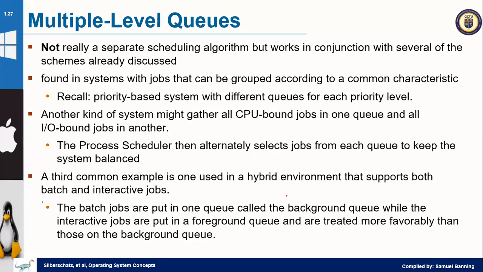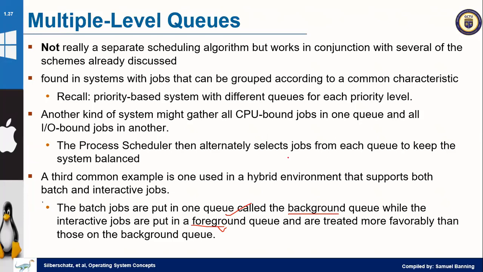A third common example is one that is used in a hybrid environment that supports both the batch and the interactive jobs. In this case, the batch jobs are put in one queue, then the interactive jobs are put in another queue. The batch one is called the background, and the interactive ones are called the foreground.